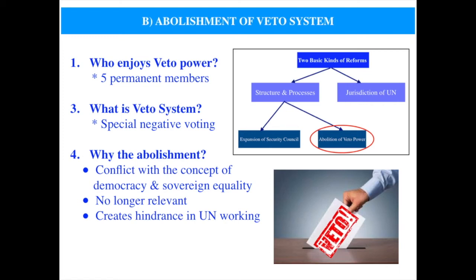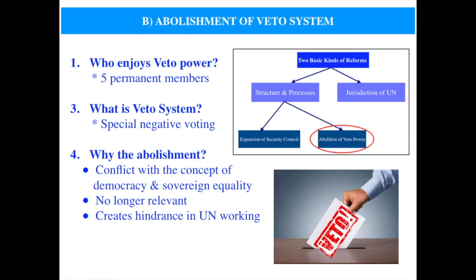Now, whenever a resolution is passed in the United Nations Security Council, they need a certain amount of votes, right? So while passing resolutions, if any one of the 5 permanent members casts a negative vote in the 15-member Security Council, then this resolution or the decision would not be approved. Or in other words, the resolution would be dissolved. So this special negative voting is called veto power.